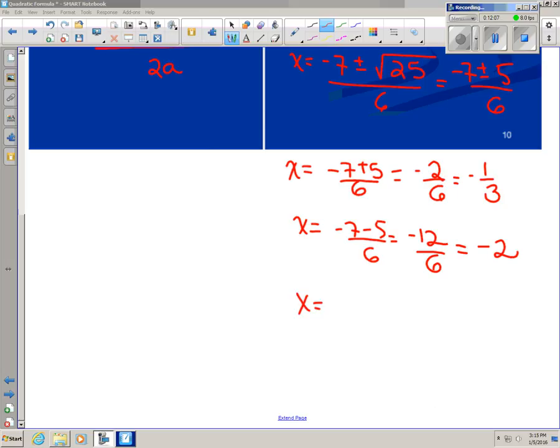So my values for x are negative 1/3 and negative 2. That's where this graph would hit the x-axis, don't forget. Moving on.